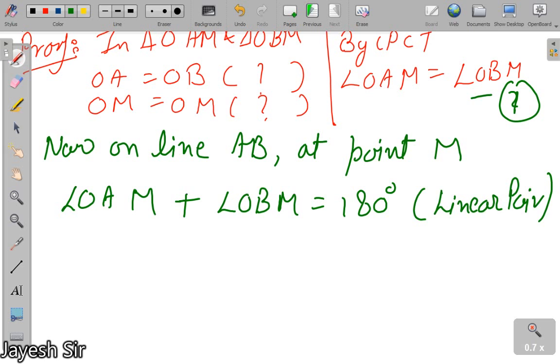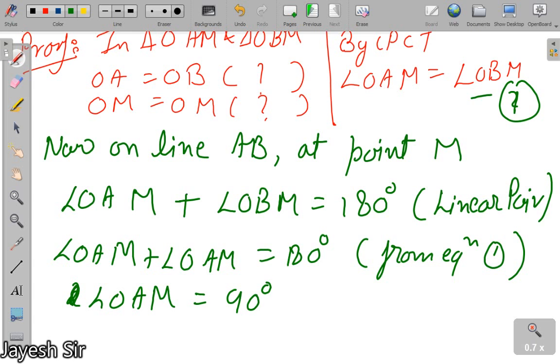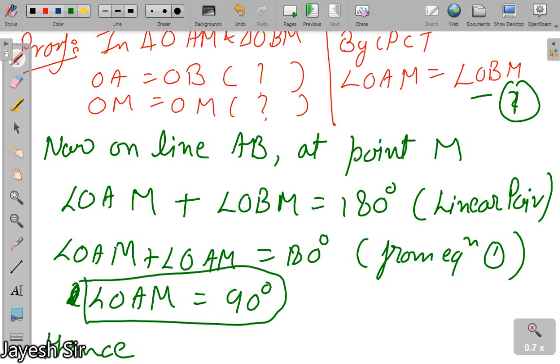Now OAM and OBM angles were equal from equation 1. Angle OAM plus angle OAM is equal to 180 degrees. So twice angle OAM is 180, and the value of angle OAM will be 90 degrees. Hence OM is perpendicular to AB.